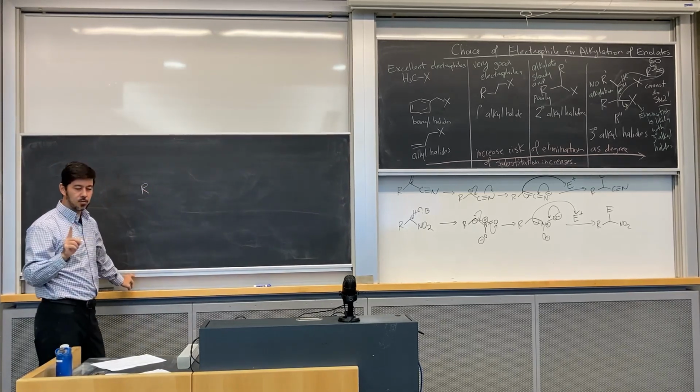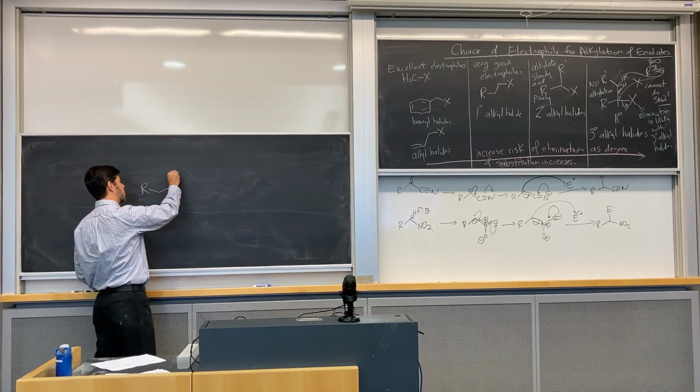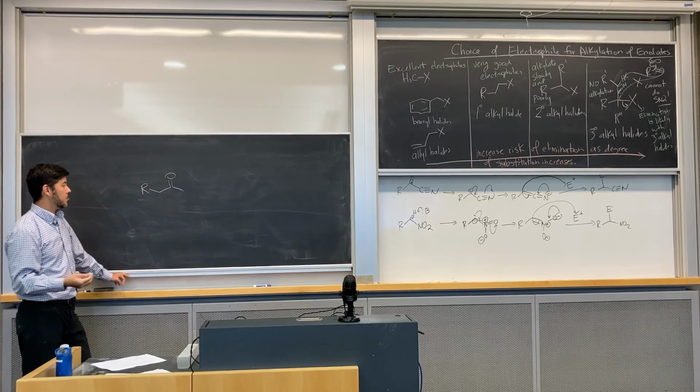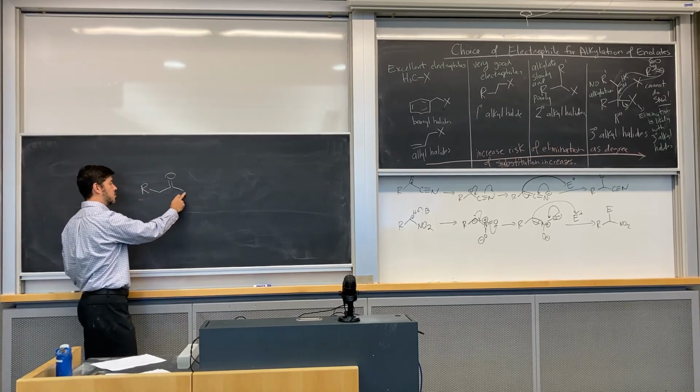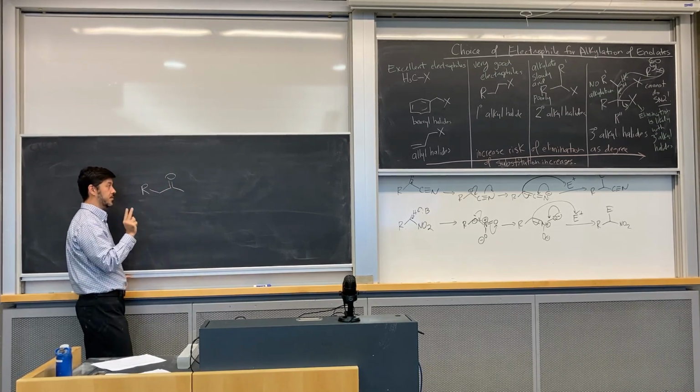So very similar to one of the first examples we looked at when we were first trying to understand how to make enolates. We had this cyclohexanone, and we understood we could deprotonate from one side or the other side to give two different types of enolates.